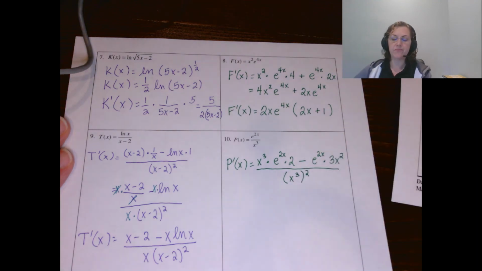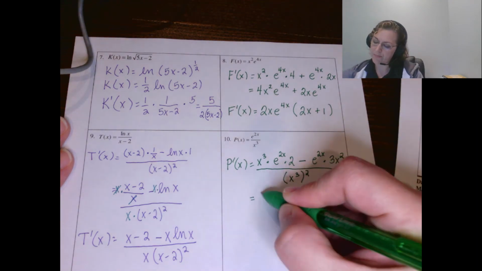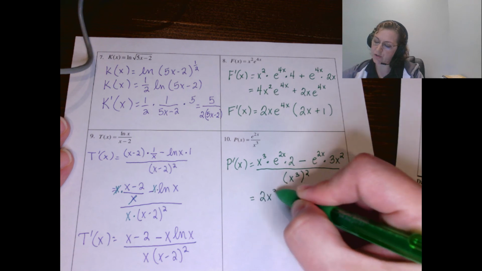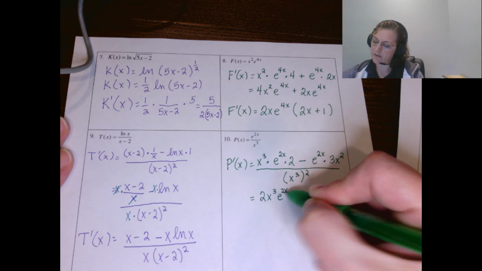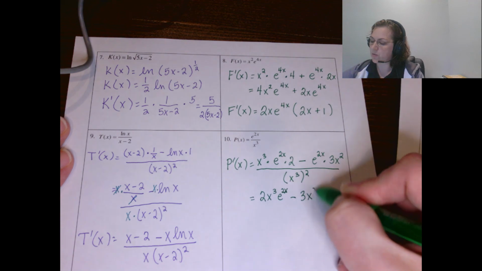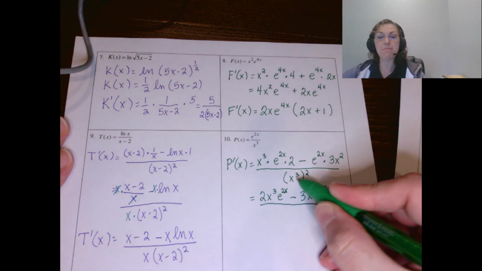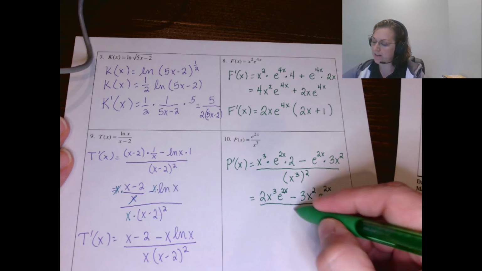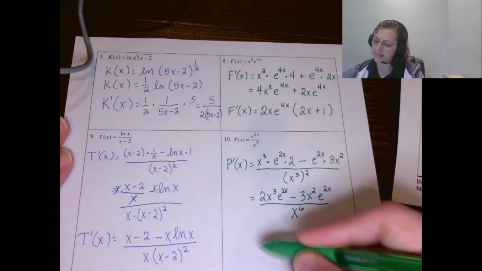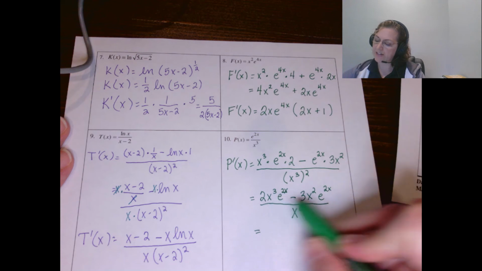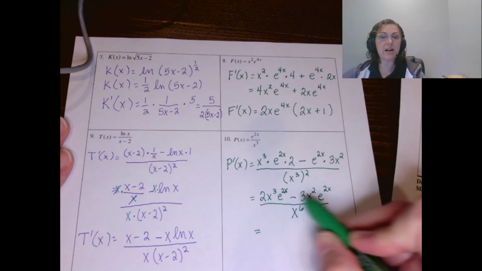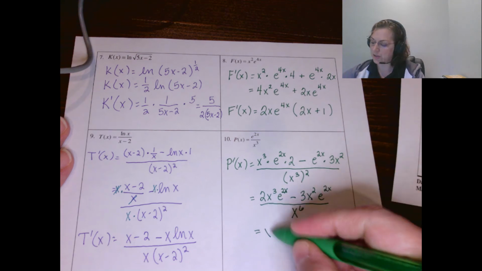All right, let's clean up the numerator. I've got 2x cubed e to the 2x minus 3x squared e to the 2x over, and then power to a power, we multiply those exponents, giving me x to the 6th. Go ahead and factor here. It looks like I have an x squared in common and an e to the 2x.